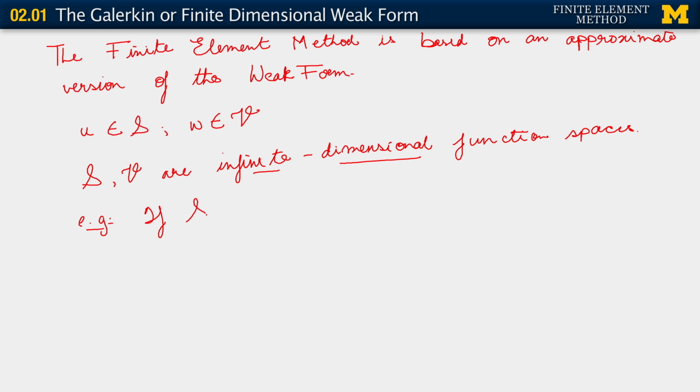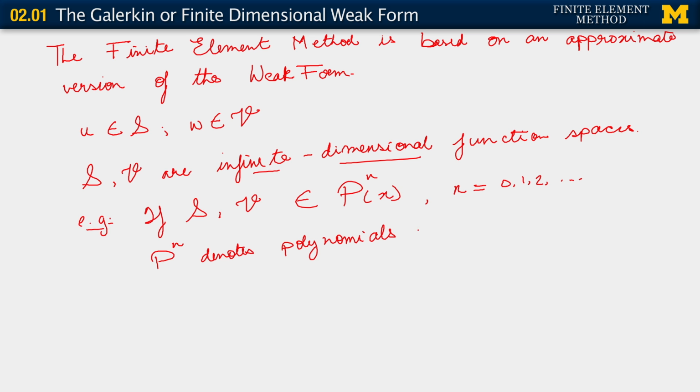If S, comma, V belong to the space of polynomials of order n on X, where P denotes polynomials, we have in mind that n equals 0, 1, 2, and so on, where Pn denotes polynomials of order n. So it's in this sense that we mean that they're infinite dimensional.